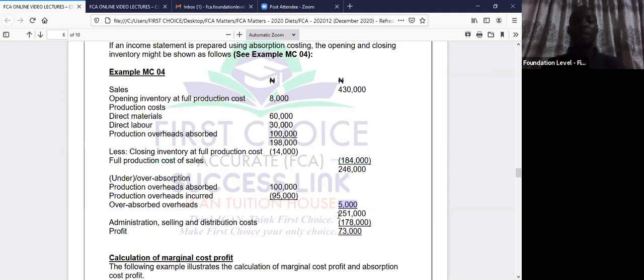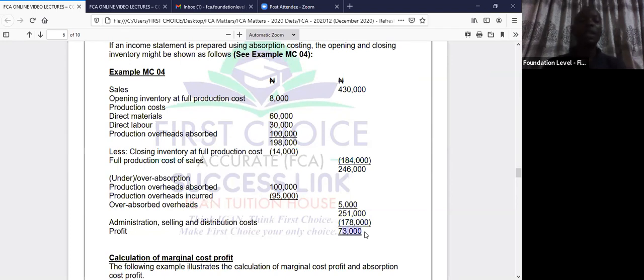You add it to that, and it gives you 251,000. Then you get your admin, selling and distribution costs. You deduct it and you get your profit of 73,000.